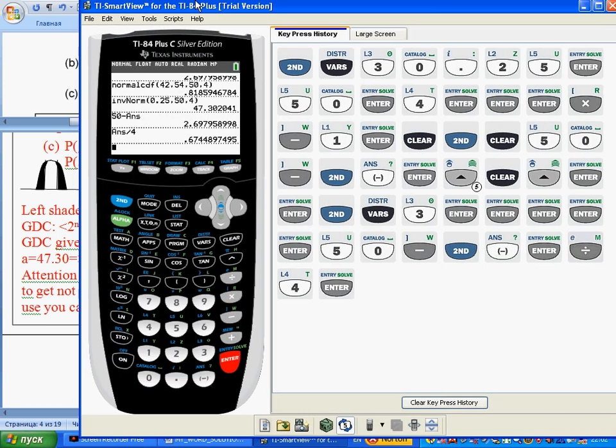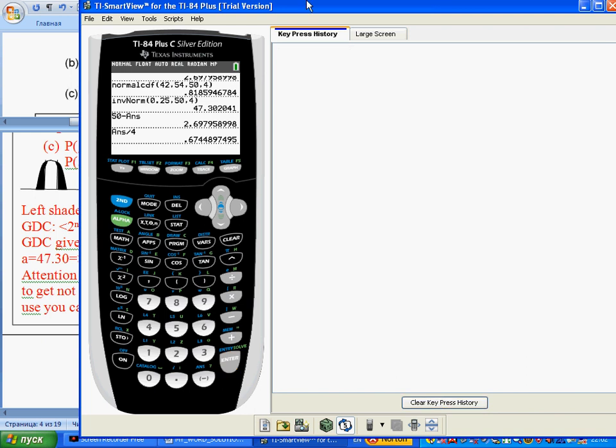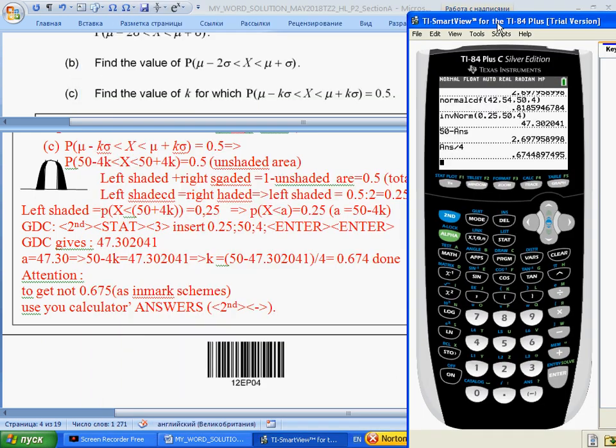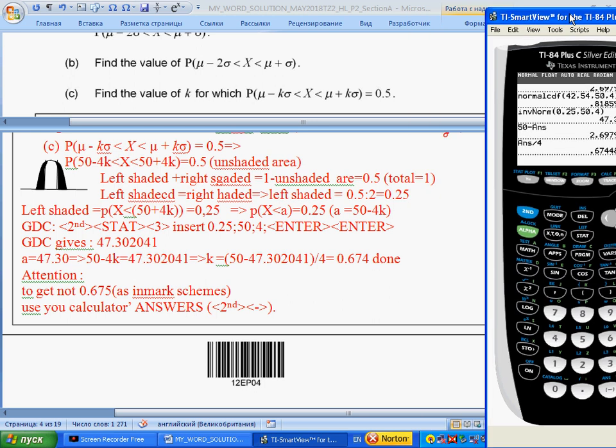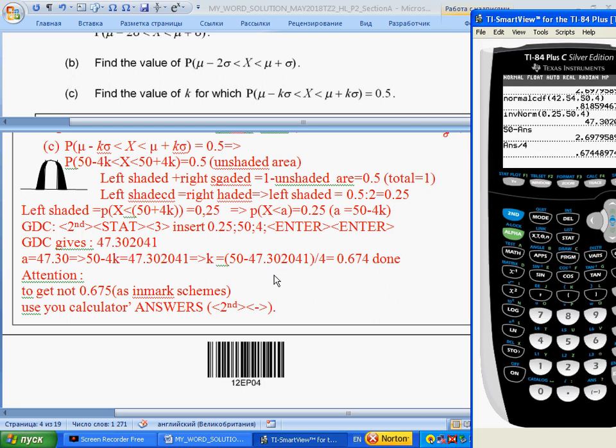Right, so here we have the information. Sorry, I was a bit confused, but you should use the calculator's answer function. So what you found we call answer. So 50 minus answer divided by 4 gives 0.6067.